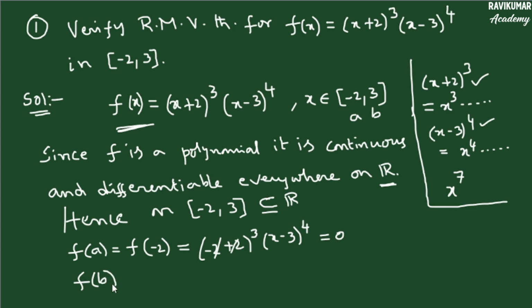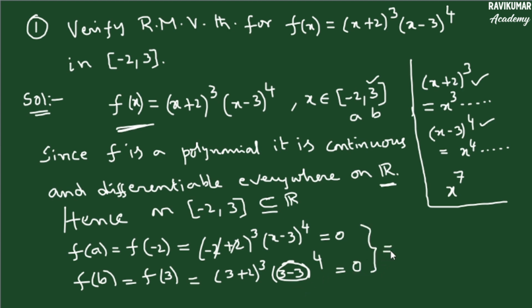F of b. What is f of b? F of 3. So it is (3 plus 2) whole cube, because we need to substitute x equal to 3 in this function, into (3 minus 3) whole power 4. Again, 3 minus 3 is 0. Therefore, 0 into anything is 0.